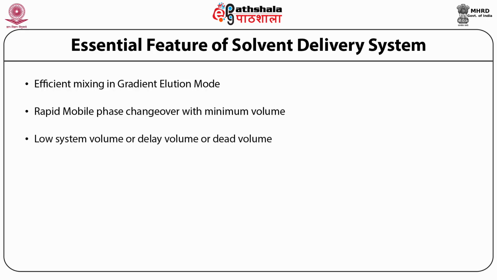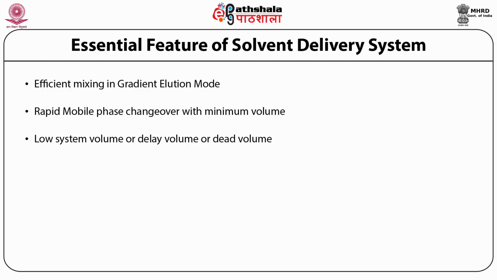The system volume refers to the actual fluid volume from the point the solvents are proportionated. In other words, it is the volume between the point where the gradient is formed and the column inlet.